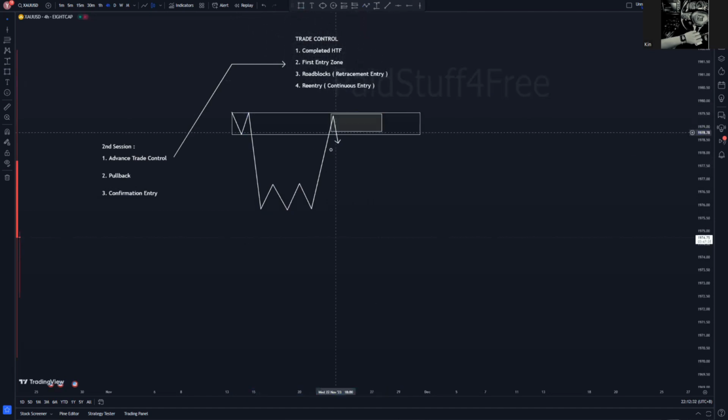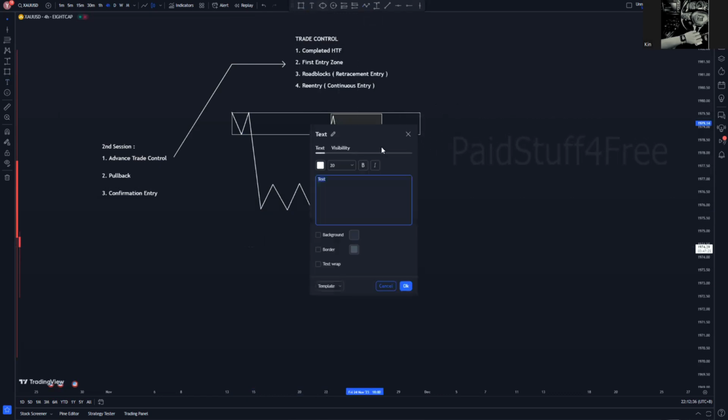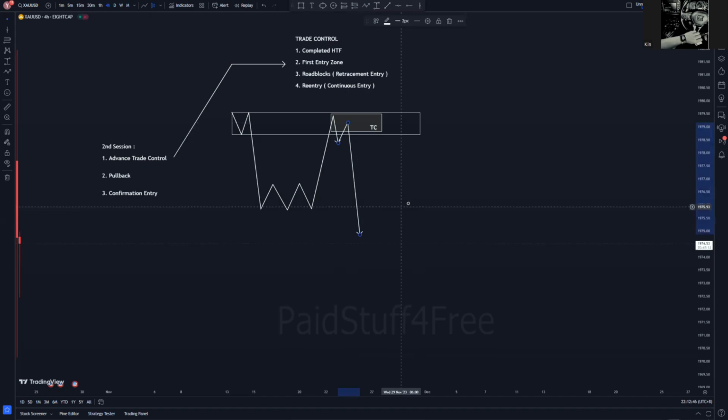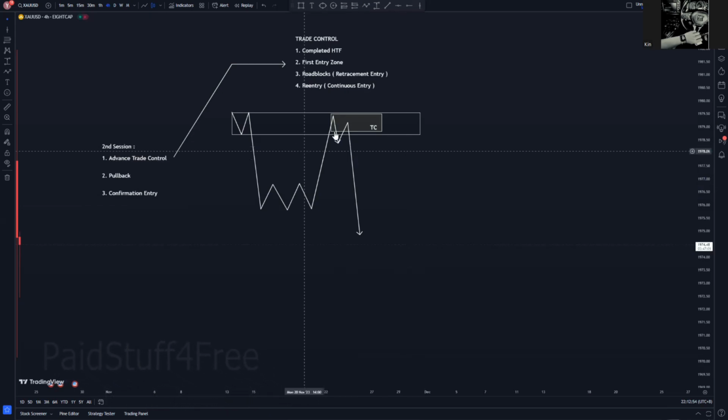This CMP, this EG sell, we will call our trade control, or TC. The main line is that the price is going to make a pullback, and after the pullback, the price is going to go down like this. This is what we call the completed higher time frame. So this is how it looks.